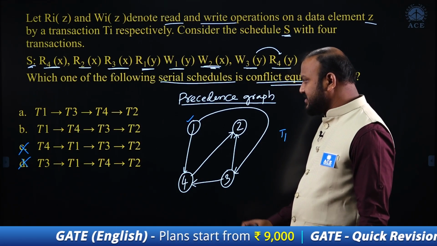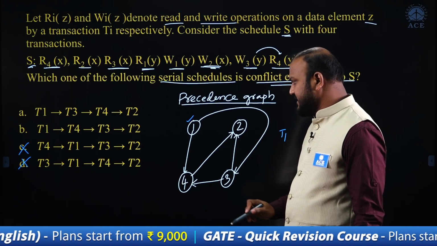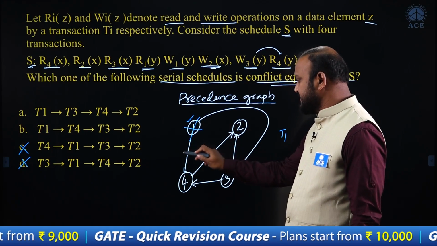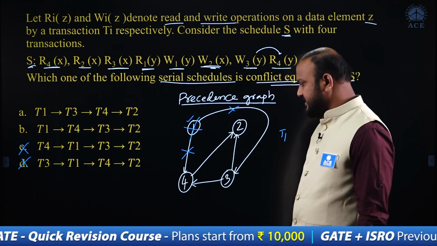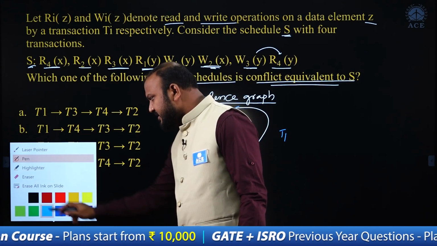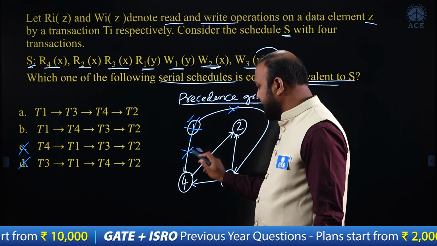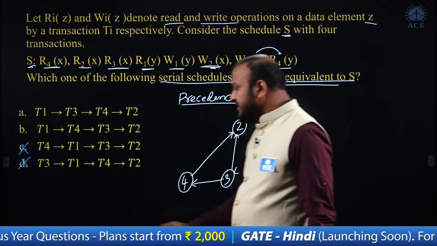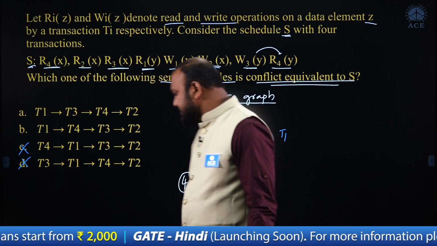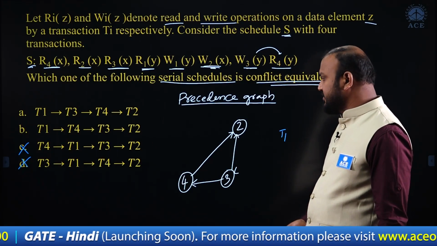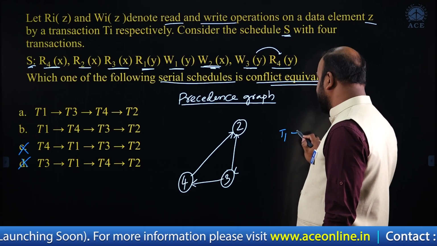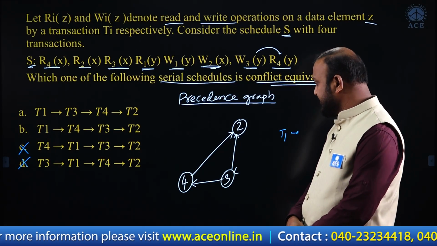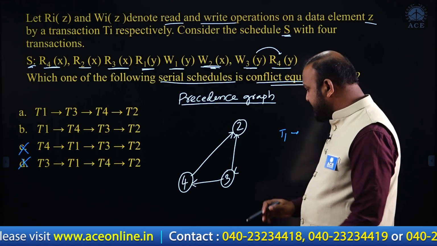Now in topological sort, we have to remove the first vertex along with its outgoing edges, which means these edges are going to be deleted. So I will be deleting the vertex along with the outgoing edges. After I remove them, what do you have to do? The next vertex with in-degree 0 will be the second vertex.